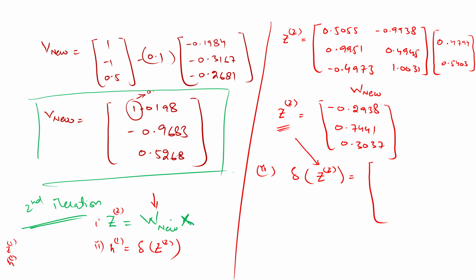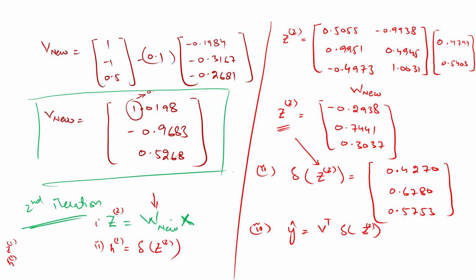Okay, this will be 0.4270, this will be 0.6780, and this will be 0.5753. And then the third step, y hat is equal to v transpose sigma z2.